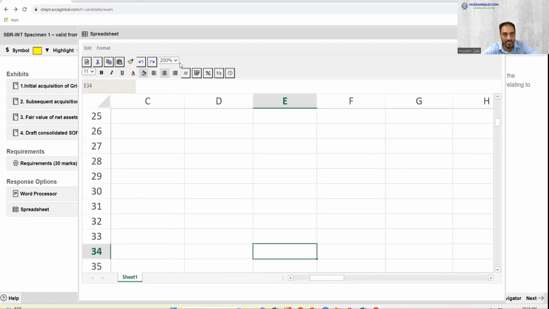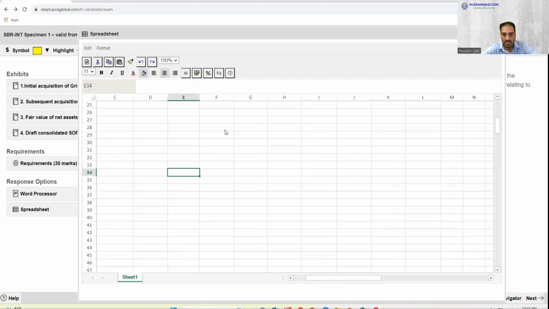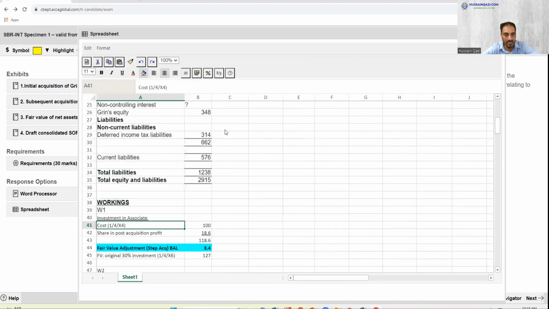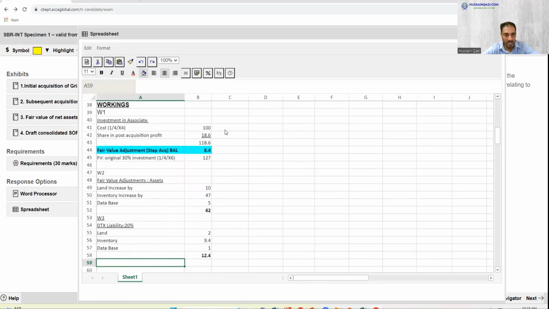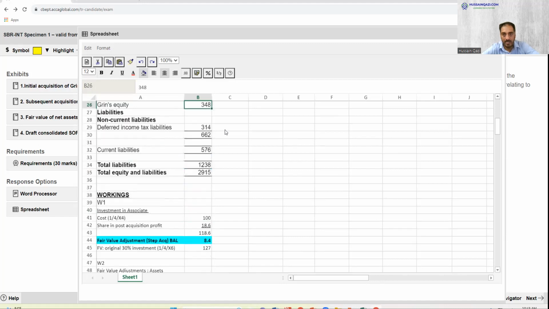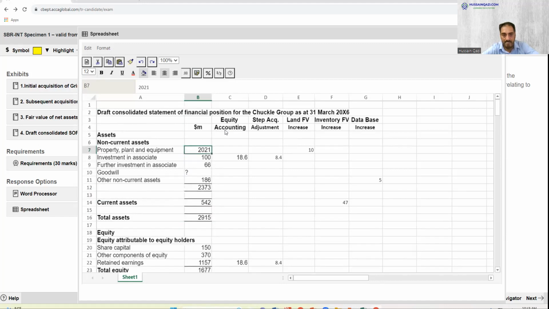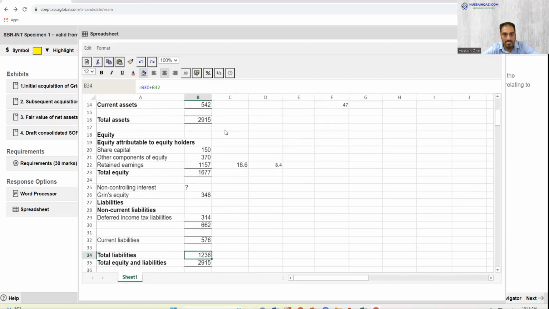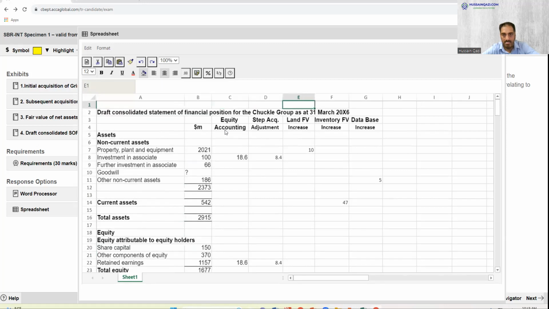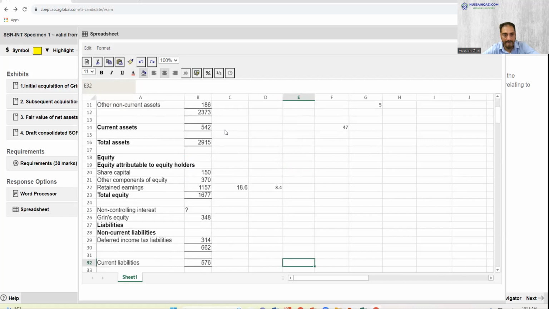For the land, B55, B56, B57. That's the values of the deferred tax.